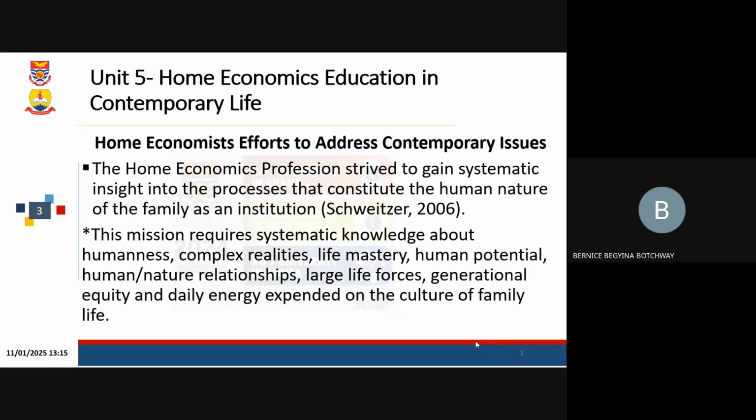So to do this, our mission requires systematic knowledge about humanness, the complex realities of life. We should know what life entails, our potentials, our human and nature relationship. We should have knowledge on all these things so that we can address issues that are related to it.